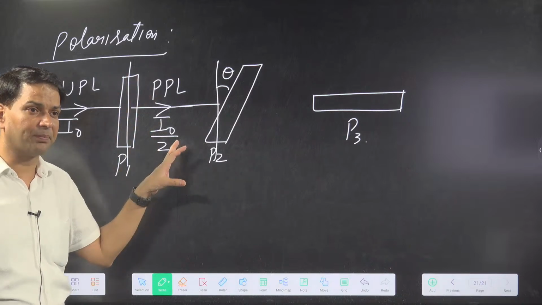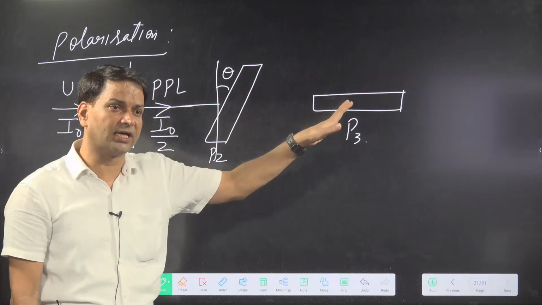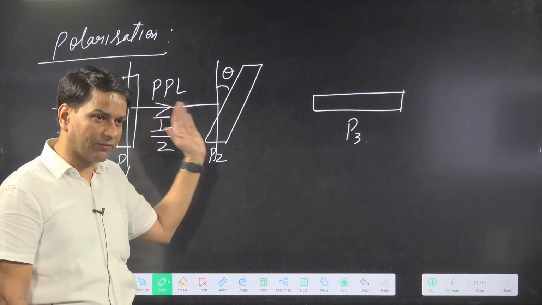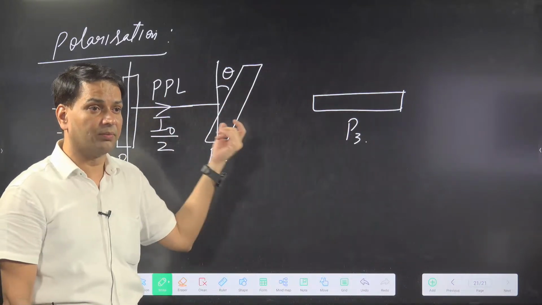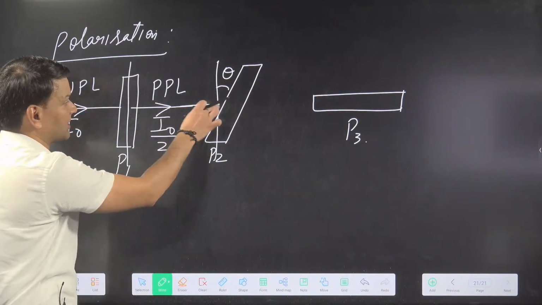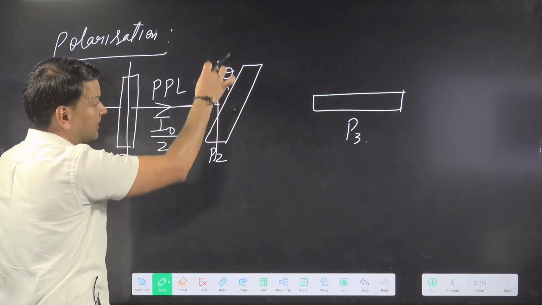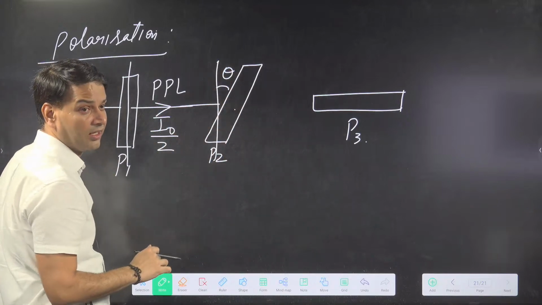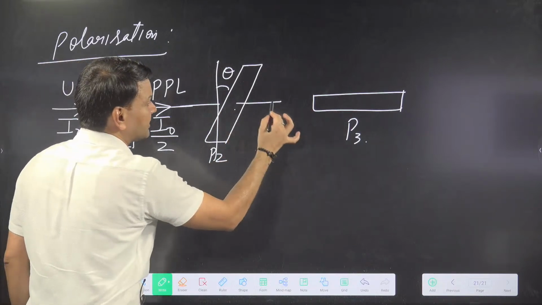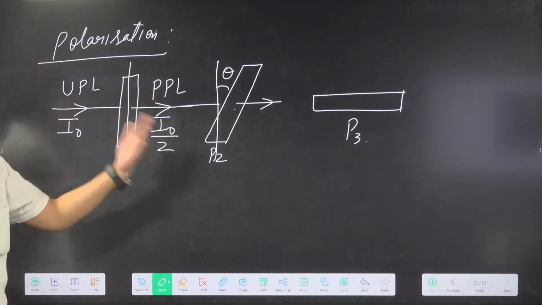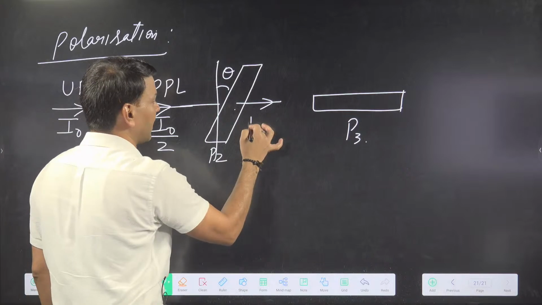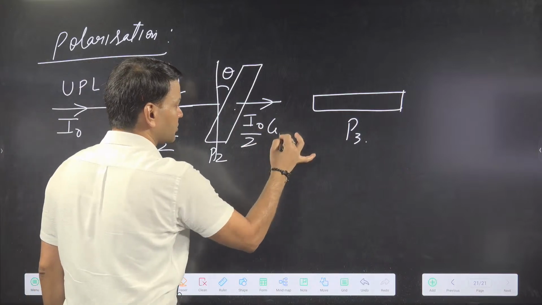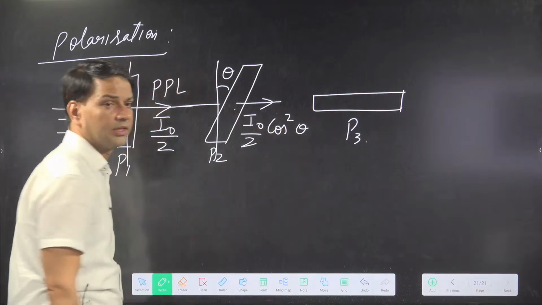Now when you have the PPL and you put a polarizer, then we will apply Malus law. PPL means plane polarized light incident on the polarizer, and the axis is making the angle theta. Then how much is transmitted? Incident into cos square theta. So what is incident here? I naught by 2 into cos square theta.